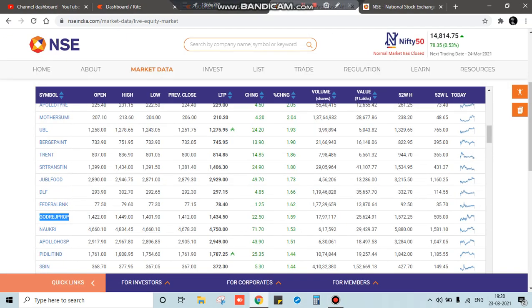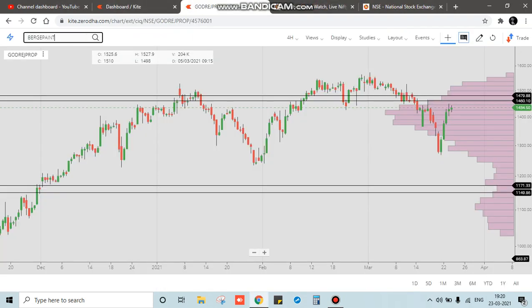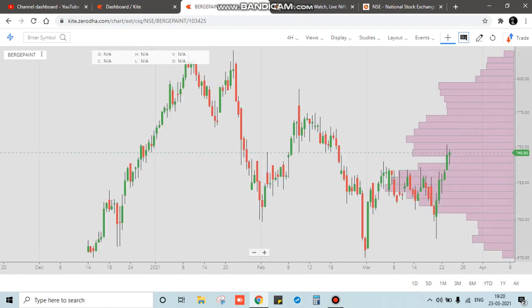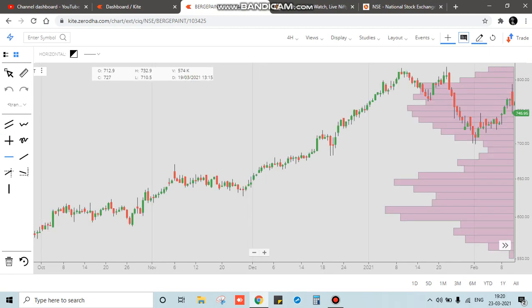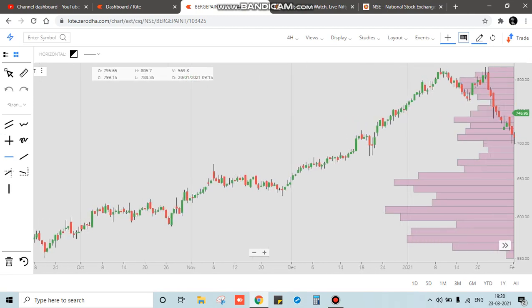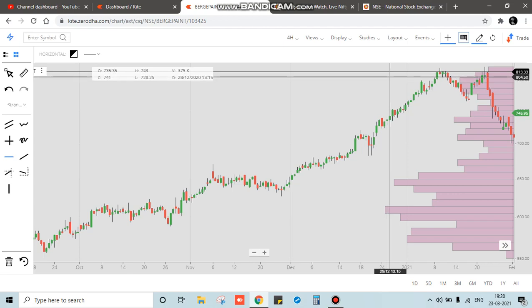Let's take another example. Ball paint. So this is one of the most important zones where the volume is actually dropping, and this is another place, but I don't want to mark this one.